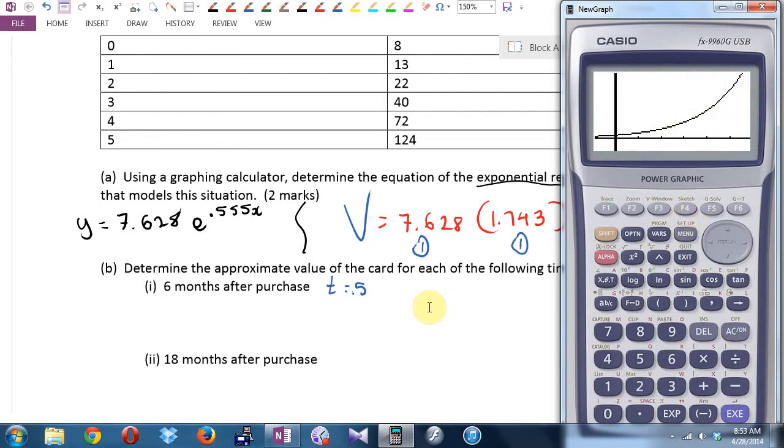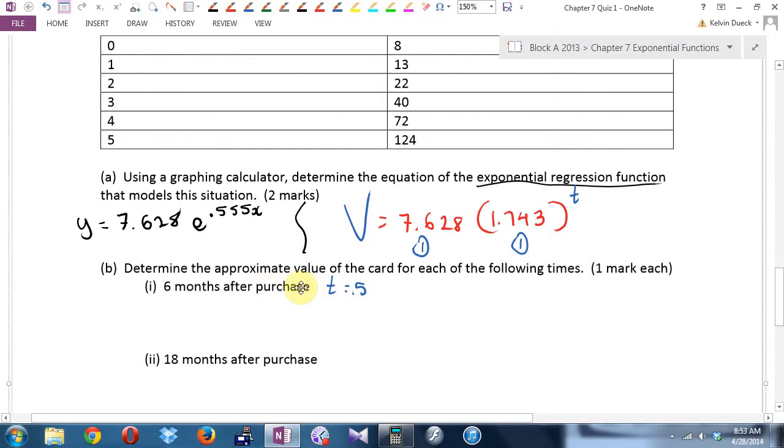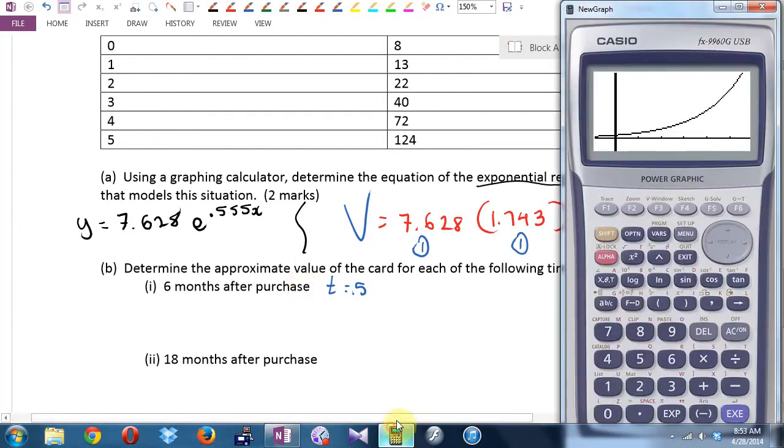So 6 months, is that an x value or a y value? And are they asking me to find an x value or a y value? They've given me an x value, so they want me to find a y value. You know what? G-solve, find a y value when x is 0.5.